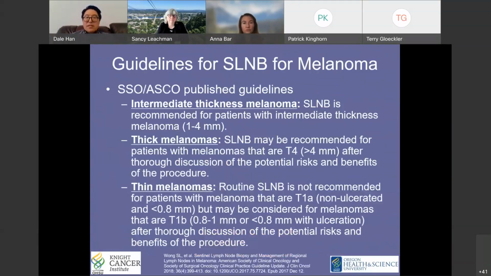So based on all this, the Society of Surgical Oncology and ASCO published guidelines basically saying that for anyone with an intermediate thickness melanoma, as long as you're healthy enough for general anesthesia and you're clinically node negative, you should have a sentinel node biopsy. For patients with thicker melanomas, sentinel node biopsy may be recommended after you have a thorough discussion of the risks and benefits.